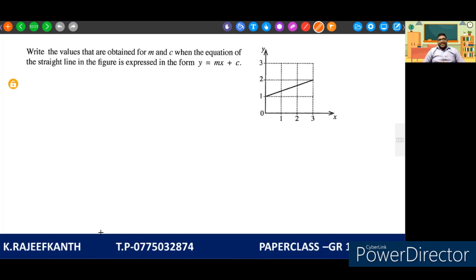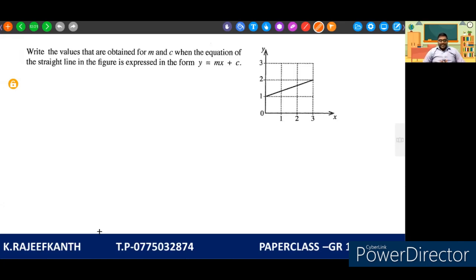So you have to find the values of m and c, right? So you have to find the gradient and intercept of this straight line.